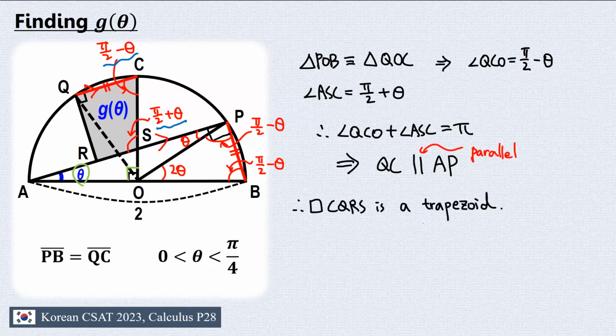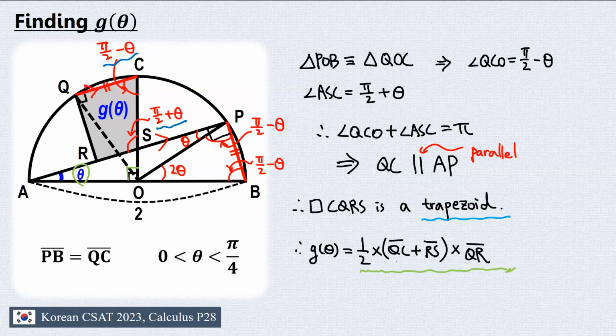This means that quadrilateral CQRS is actually a trapezoid. Therefore, area G theta can be calculated as 1/2 times QC plus RS, the sum of the two bases, times the height QR.